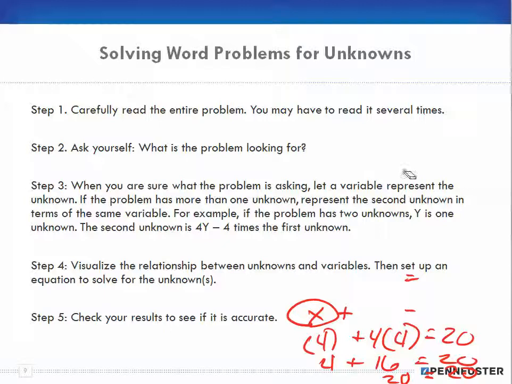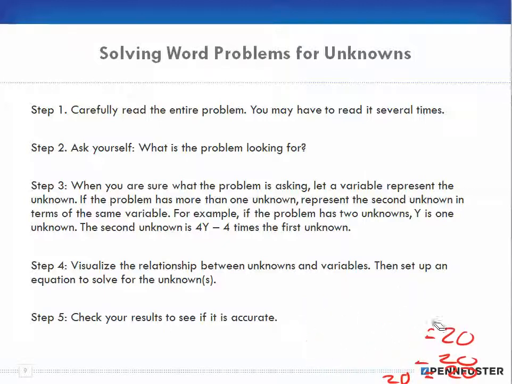Let me erase all of this here. What you want to do is go through the steps every time you have a word problem. Only by doing more problems will you become more accustomed to them. And as the problems get more and more complicated, you're going to keep on finding yourself falling back on these same set of steps.